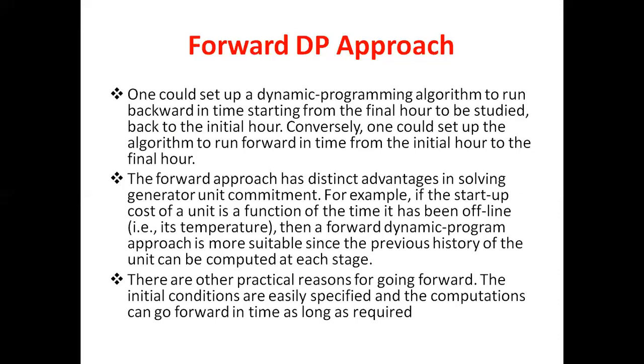In the other way, one could set up the algorithm to run forward in time from the initial hour to the final hour. One is called forward in time, from initial hour to final hour, and one is called backward in time, from the final hour back to the initial hour.